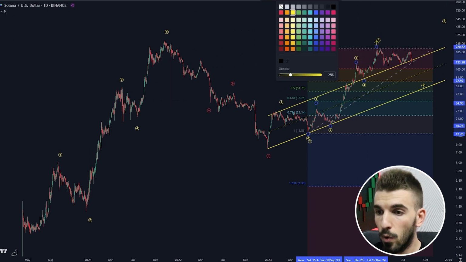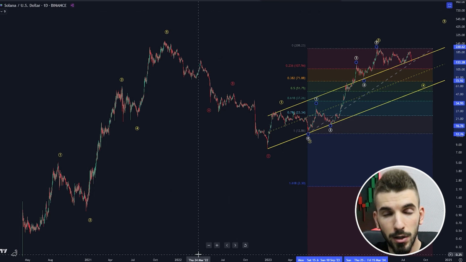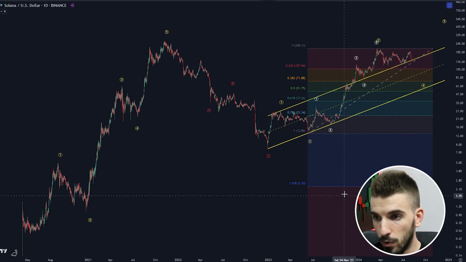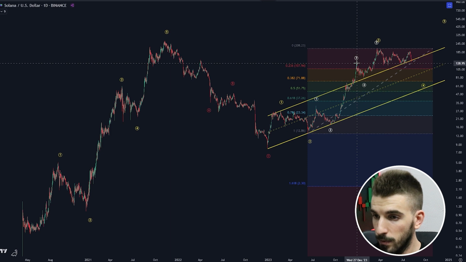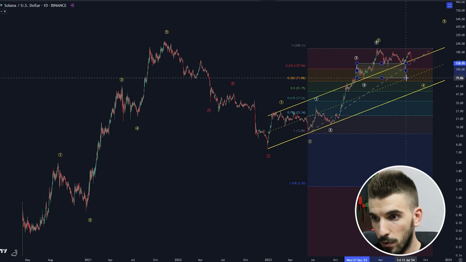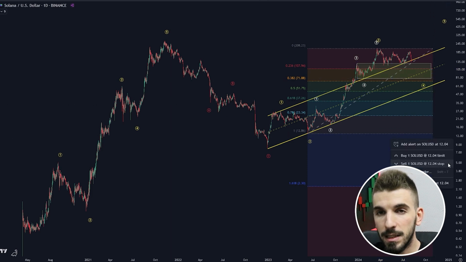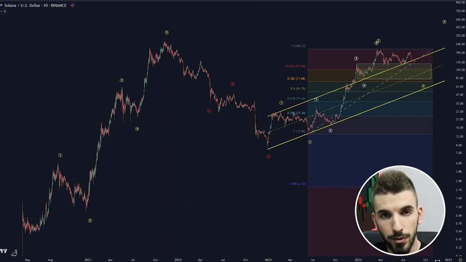And this wave 4 finishes at around $80. We will place a box here so that we see how long wave 4 is. We can see the top of wave 4, we can see the bottom of wave 4, and that suggests to us that the larger wave 4 will at least come to $80.